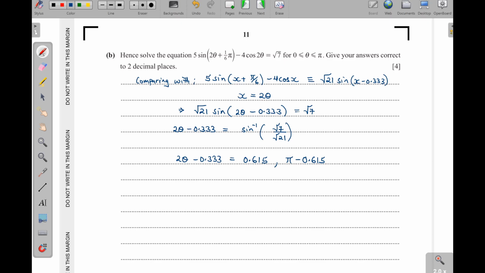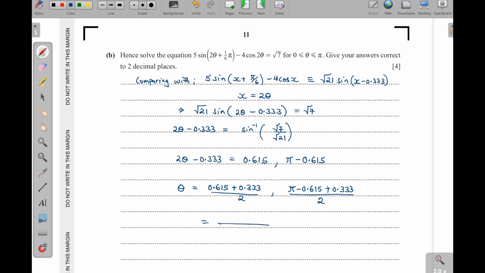So meaning that now our theta from here is going to be 0.615, then you add 0.333, then you divide it by 2. And then this pi minus 0.615, you add 0.333. Then we divide by 2.